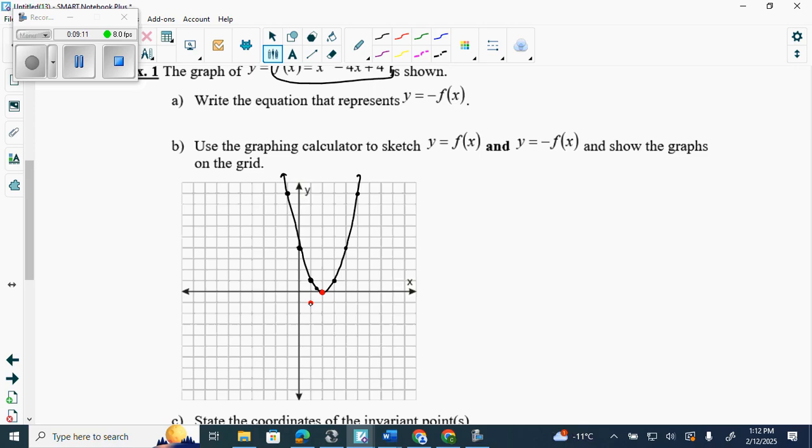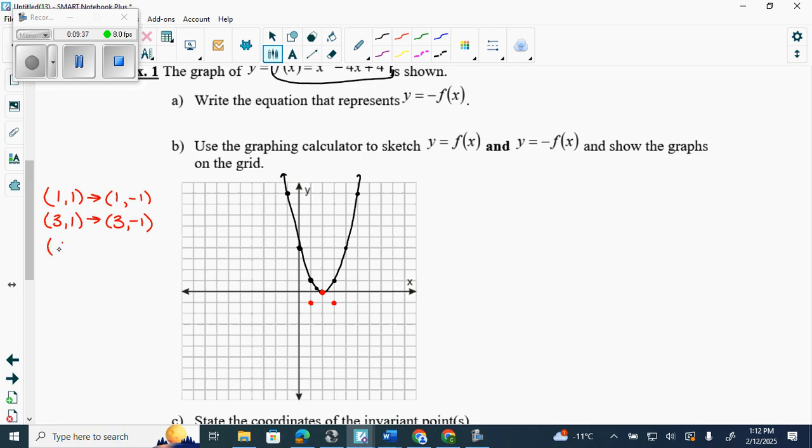This one at 3, 1 is going to become 3, -1. So let's think about that. 1, 1 is going to become 1, -1. 3, 1 is going to become 3, -1. Do you see that? Pay attention.